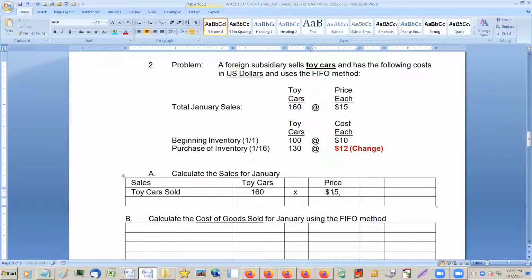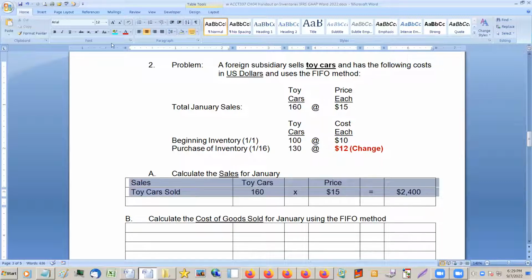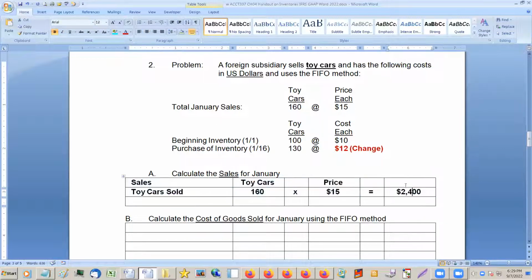And so the total sales are, what are we at? 2,400. 2,400, thank you. Okay, so this is our total sales.